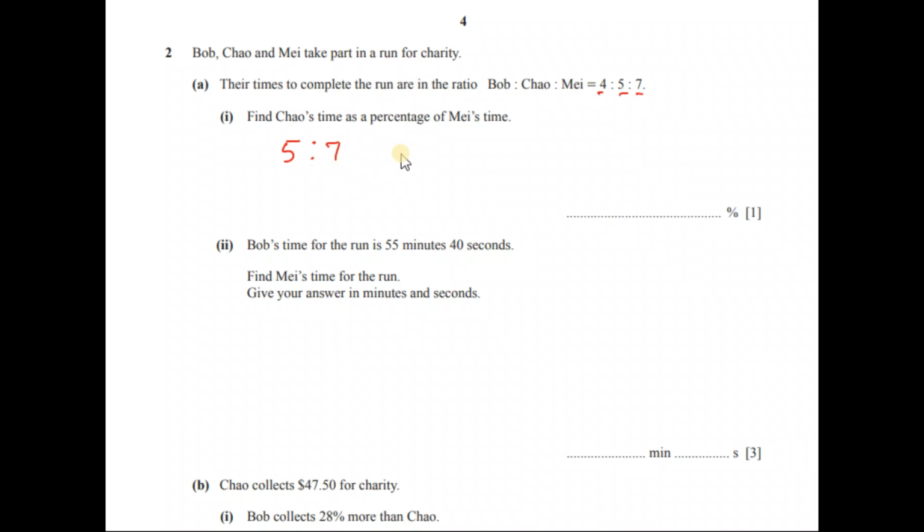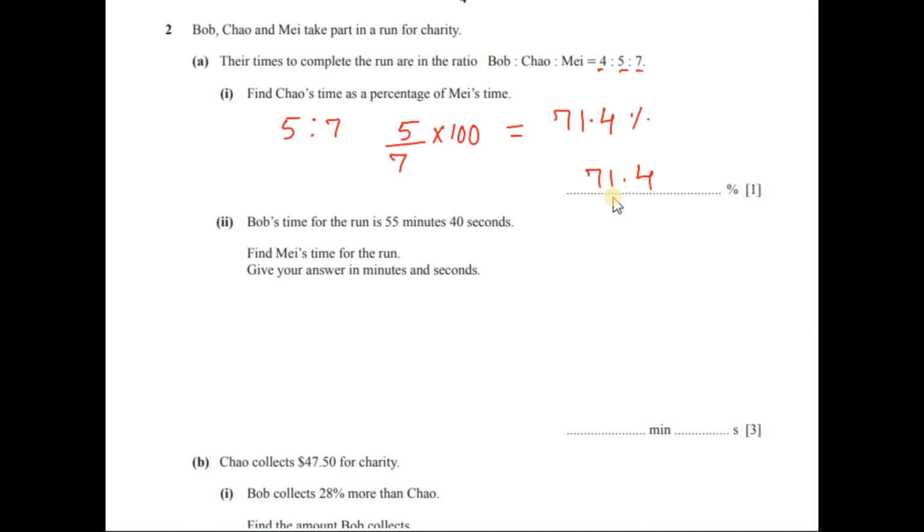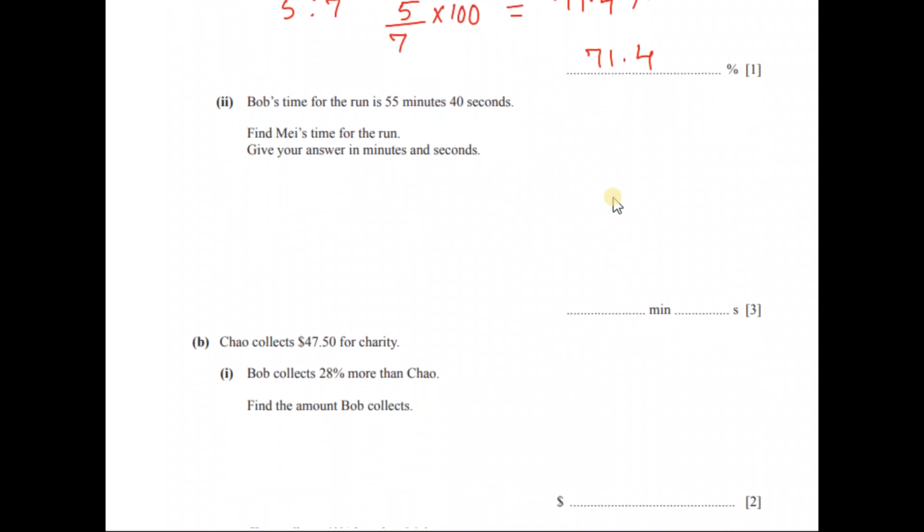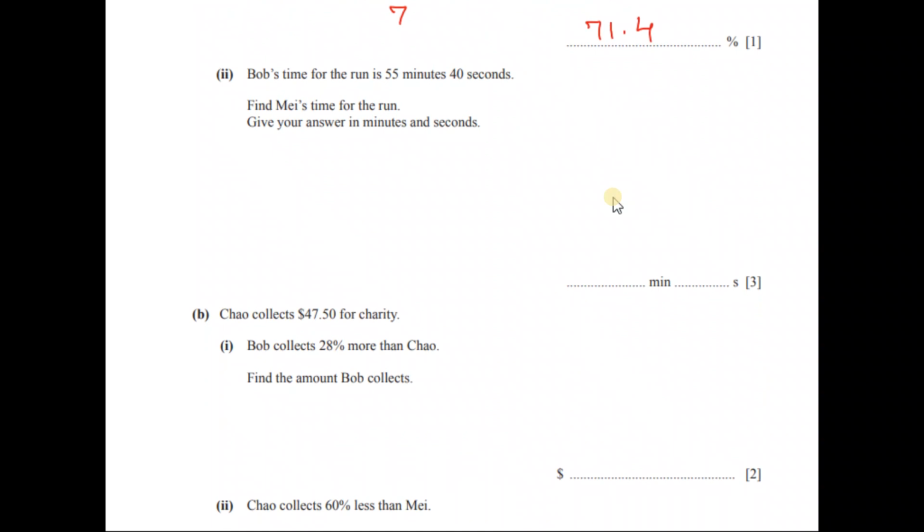So I'll just make it 5 is to 7 in the form of a fraction, which makes it 5 by 7 times 100 in order to get the percentage. And what I am getting here is 71.4%. So 71.4% is our answer, and the question's for 1 mark. It's a direct question. Then the next one.